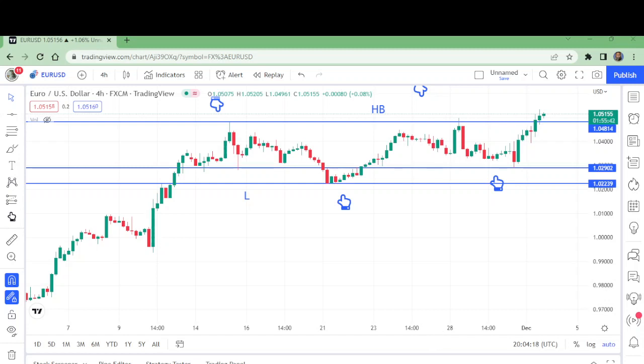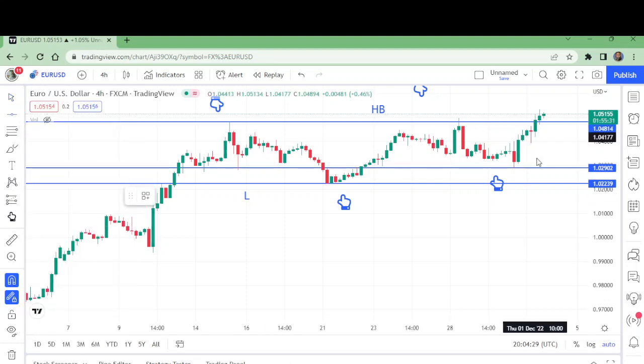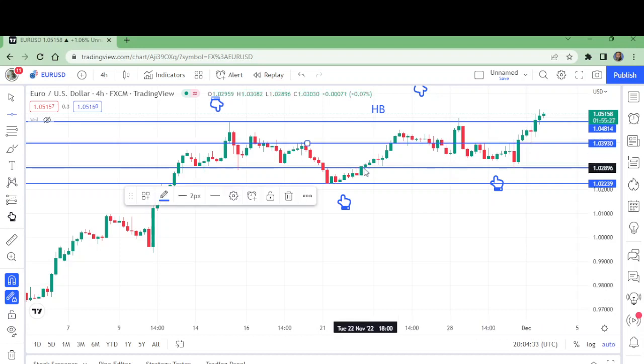Now 4-hour level, let me put the horizontal line at the 4-hour retest. This is the 4-hour retest I expect to be done. Retest of the 4-hour is expected here.